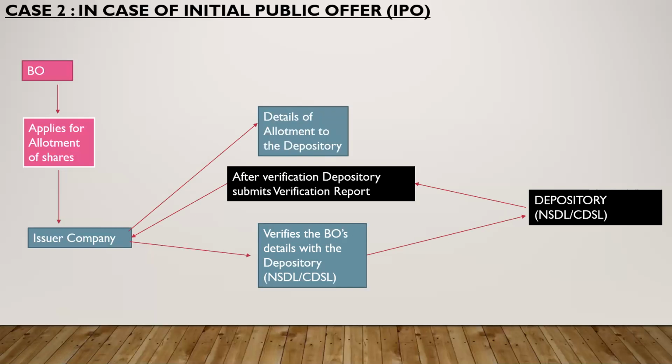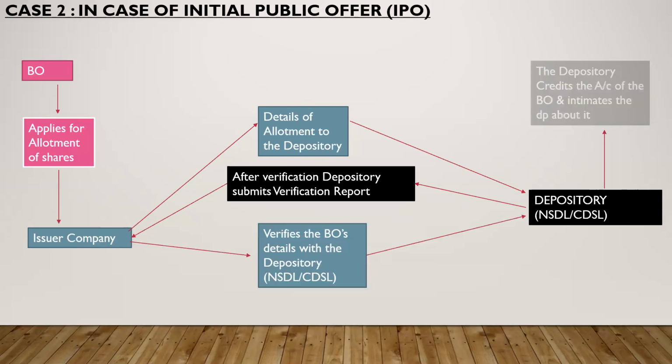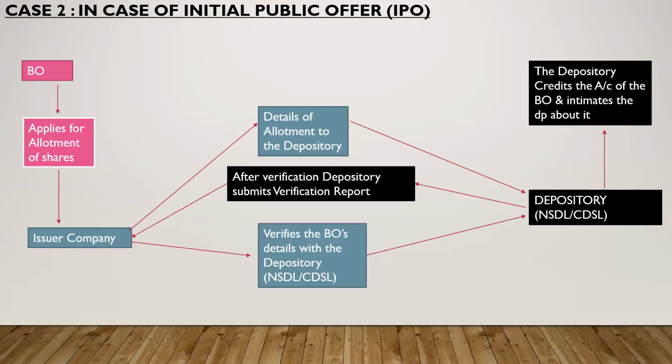Once the issuer company gets that report, the details of allotment will be sent to the depository. When the green signal comes from the depository, the issuer company will say, okay, allot this person this many shares. So the details of allotment will be given to the depository because everything will be happening in electronic form. Okay. So the depository credits the account of the BO and intimates the DP about it.